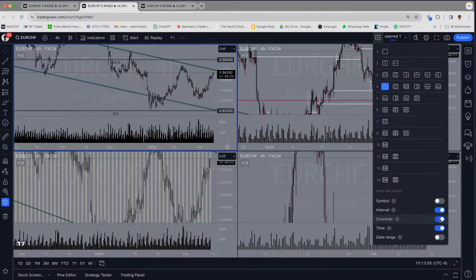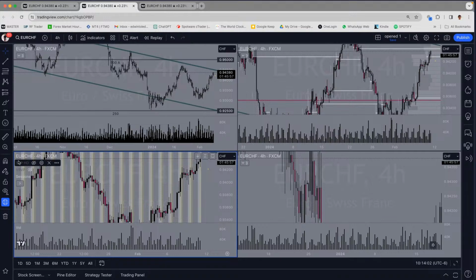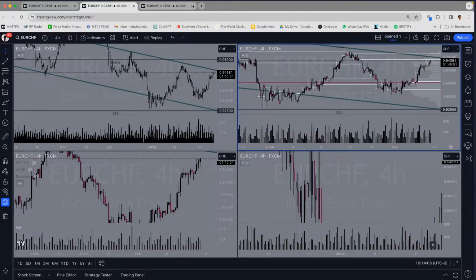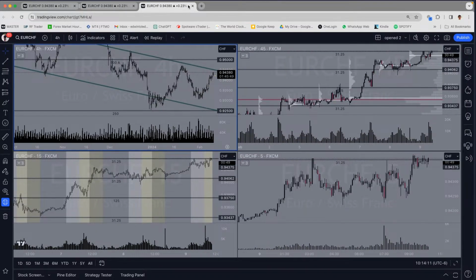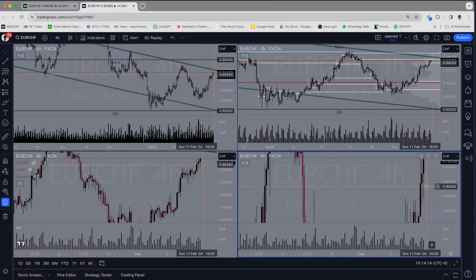Can you do crosshair if the symbol is different? I don't know. Maybe this one, open two, will have to. Once we configure this, we will just copy that to the other one.